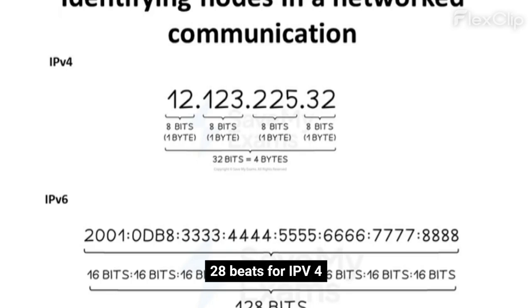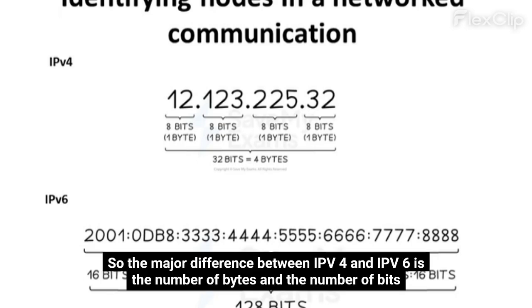For IPv4, the total is 32 bits, while for IPv6, the total is 128 bits, which is equivalent to 16 bytes.